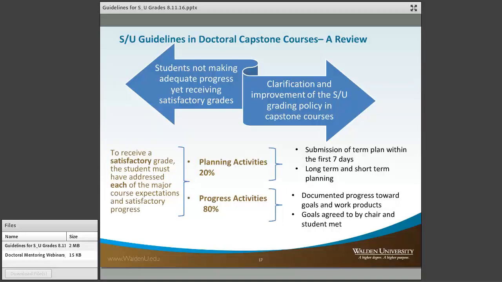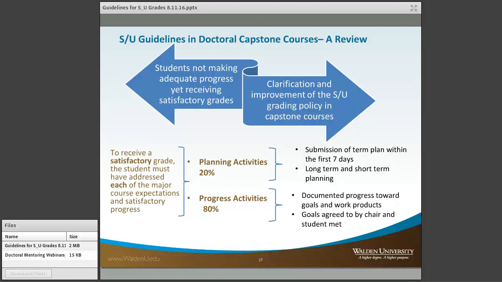I really recommend, and we'll get into this a little bit more later, using multiple methods to connect with your students. Phone calls. Some students really, that makes all the difference for them. Technology, ways to really ensure that they're making progress and that they're moving along.